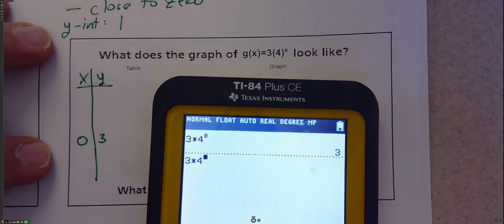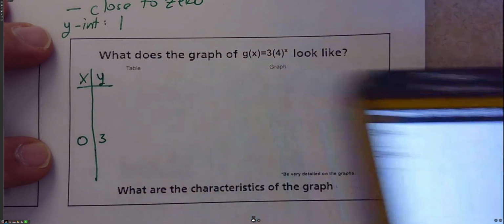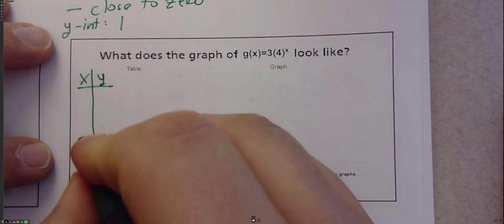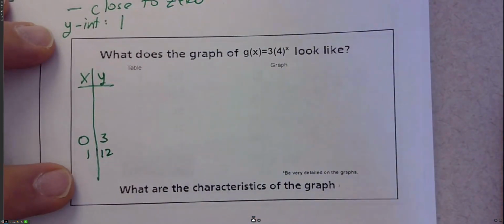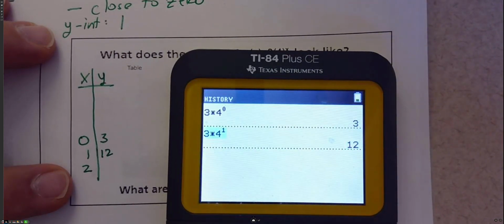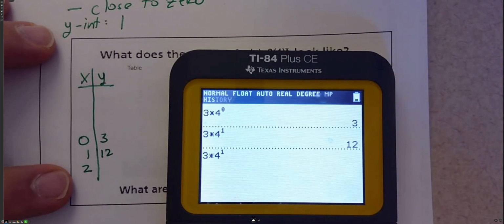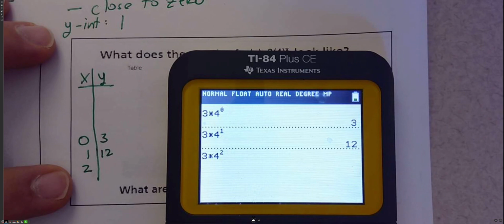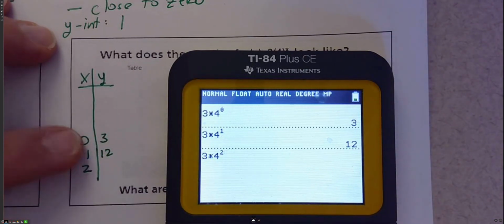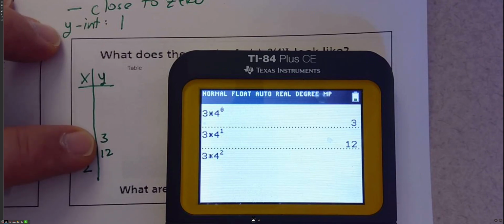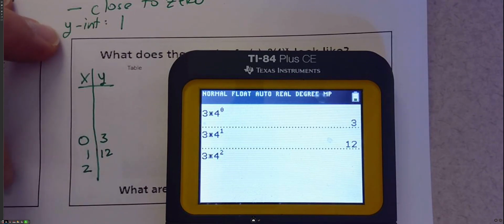Okay. What other number do you think I want on my table? 1. So if I plug in a 1 here, it gives me 12. And then 2 is going to be, what is this going up by? What is the difference here? 9. And not the difference, but what multiplication is there? 4.